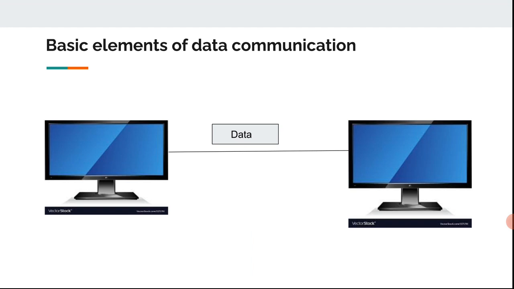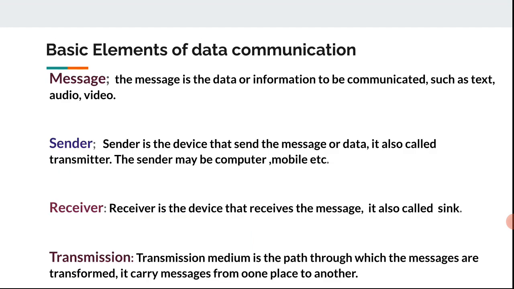We have explained the basics, the characteristics of data communication, and the different important elements. The message must be the data to be sent. It may be video or audio. We have the sender, the person who sends the message.